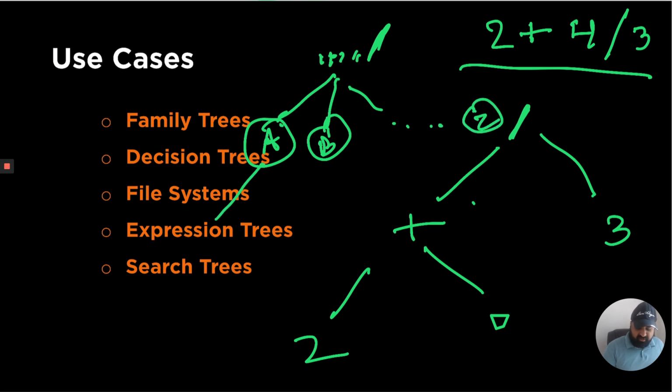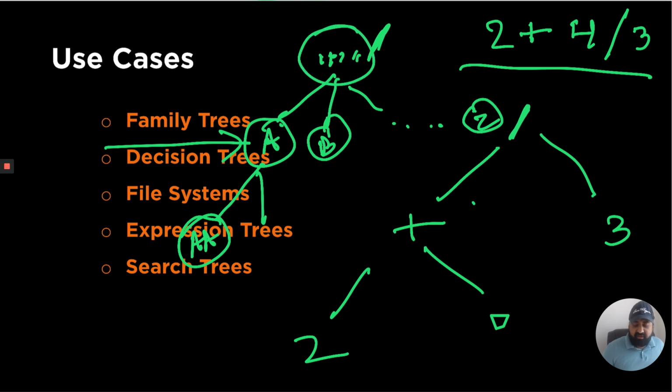All the words that start with A fall under this node, all the words that start with B fall under this node, and so on. After A, it could be AA. And each of these levels, which is each of the children of a particular parent, represents the initials of a particular word.